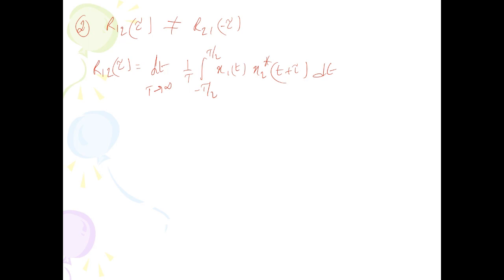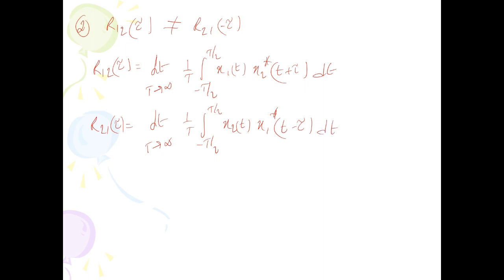Now suppose R21 of tau is limit T tends to infinity 1 by T integral minus T by 2 to T by 2 x2 of t x1 star of t minus tau dt.